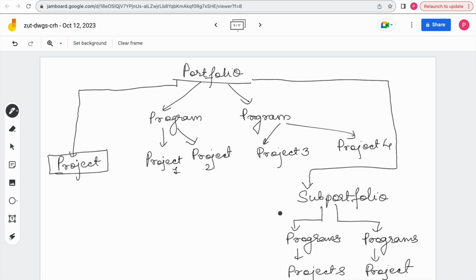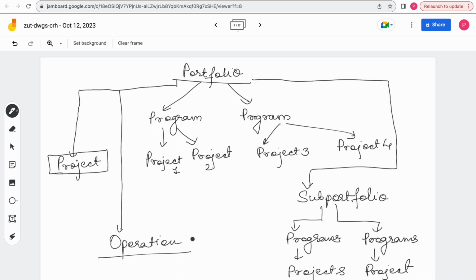So this is one case. Another case is that a portfolio also manages operations. Operations is a repeated process which helps to generate benefit or business value.